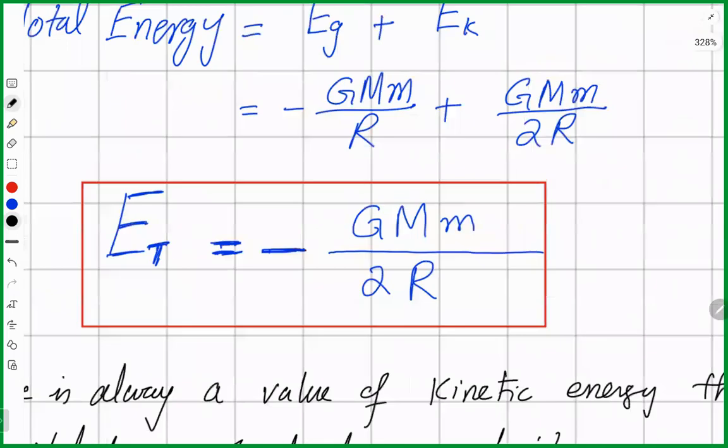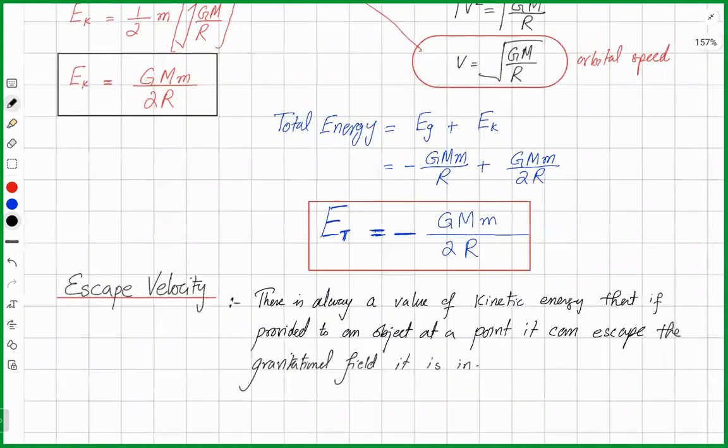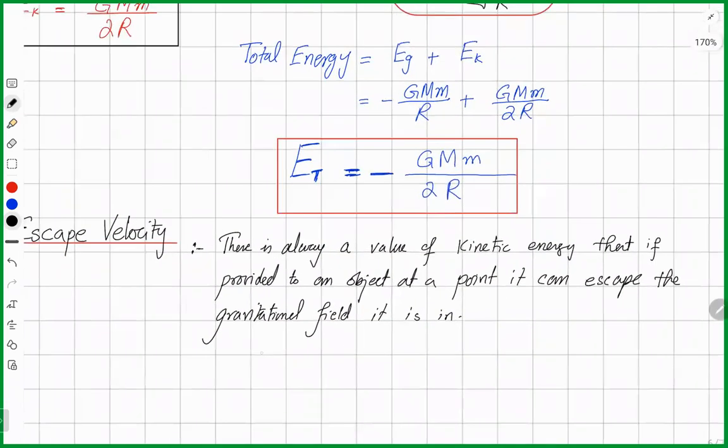So look at the total energy. It is minus GMm over 2r. If we provide exactly this amount of kinetic energy, a positive kinetic energy, it should become 0. So required kinetic energy equals GMm over 2r.